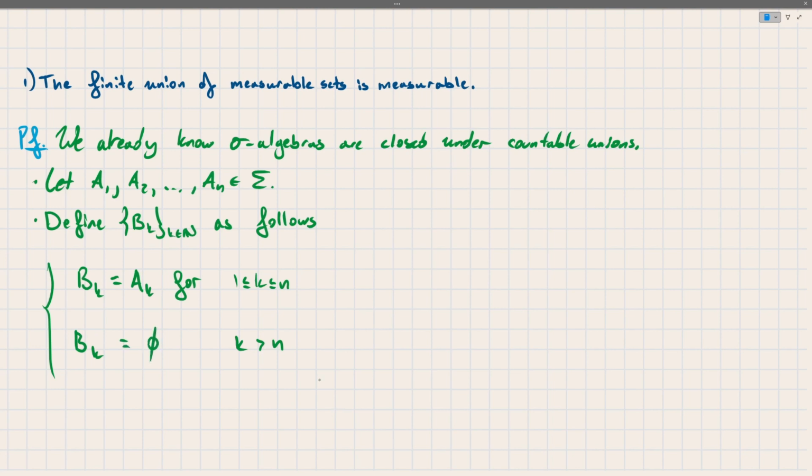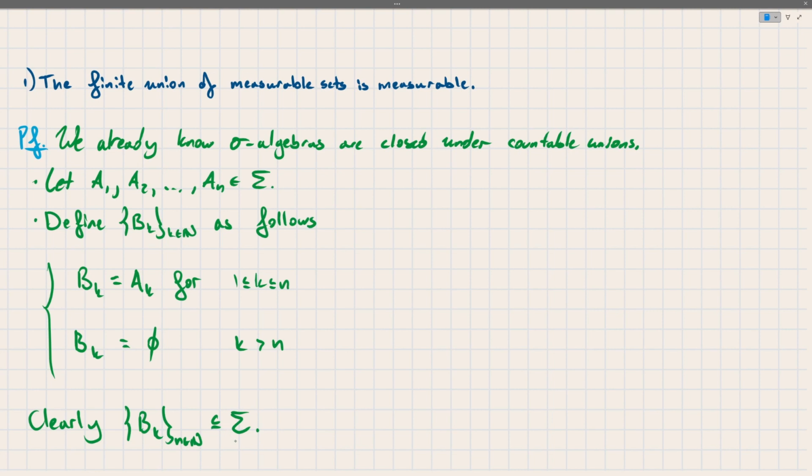Now you can probably see what's going to happen. So this is a countable collection of measurable sets, right? Clearly Bk, right, this is a countable collection of measurable sets.